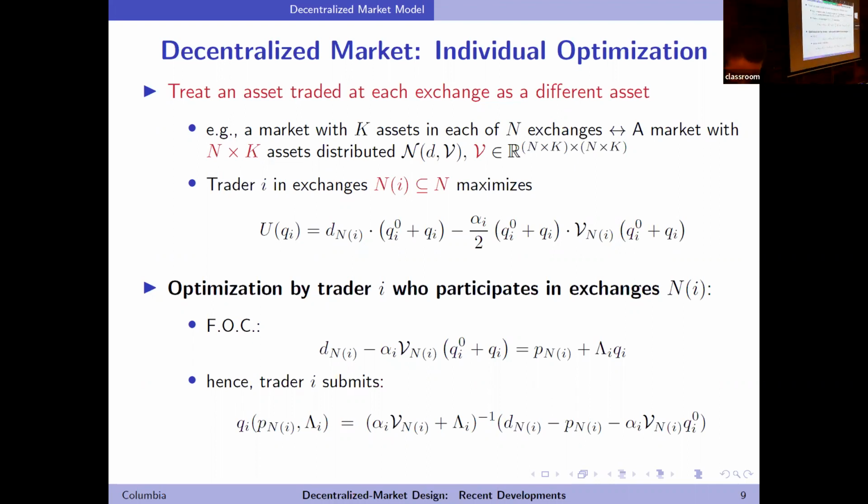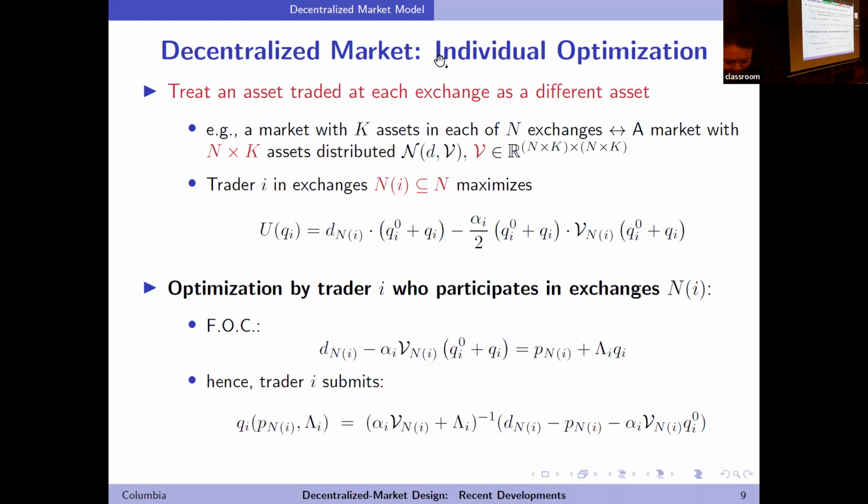First, we're going to treat an asset traded at each exchange as a different asset, regardless of whether it is the same asset. Why? Because we don't want to assume that the same asset will be traded at the same prices in different exchanges. Generally, it won't be. So we want to allow for it as a matter of notation.